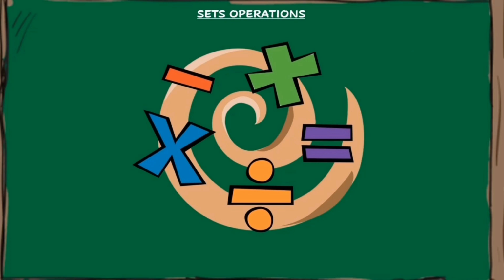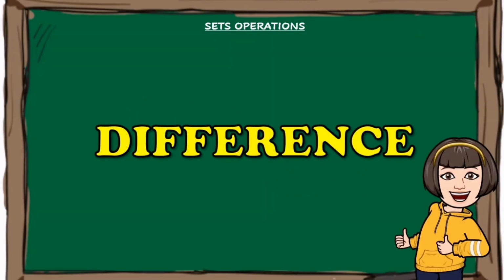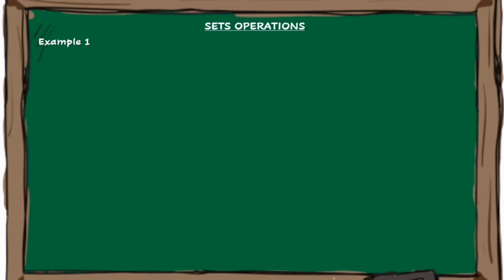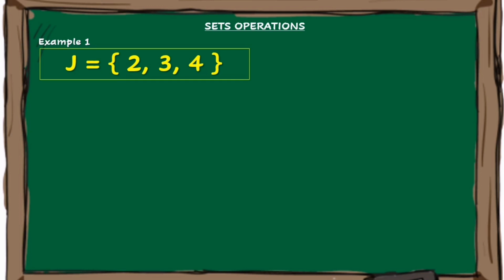And now, let us have the third operation, the difference of sets. Example, set J with the elements 2, 3, and 4. Set K with the elements 4, 5, and 6.